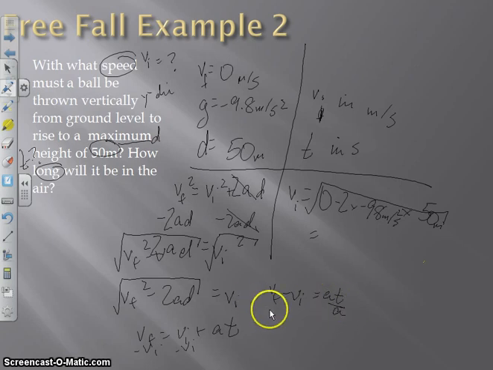Let's divide both sides by a so that you get your formula: t equals v final minus v initial over acceleration due to gravity. So I will let you guys do this substitution in this box here. And let's talk about any questions you have in class tomorrow, since this video is already getting kind of long. Thank you very much for following along this far.